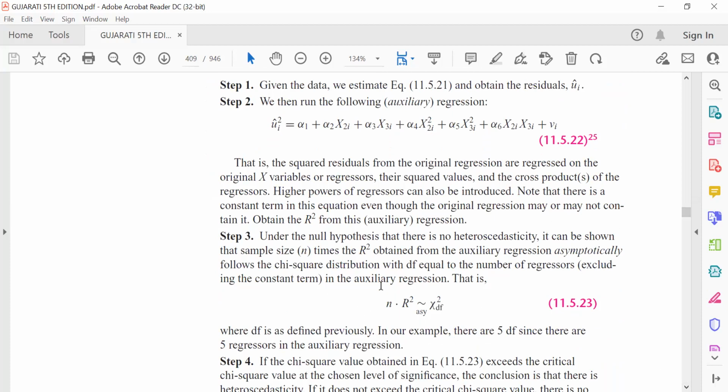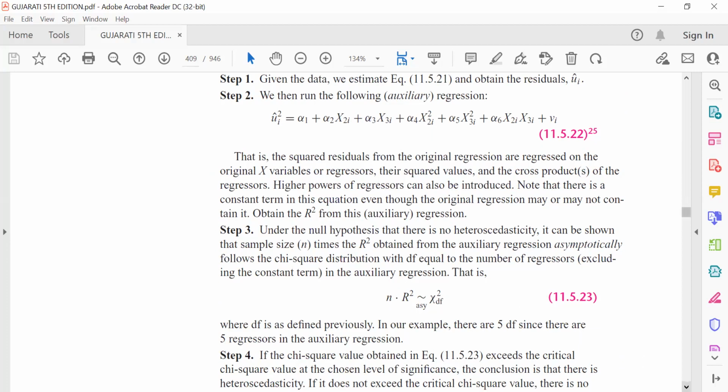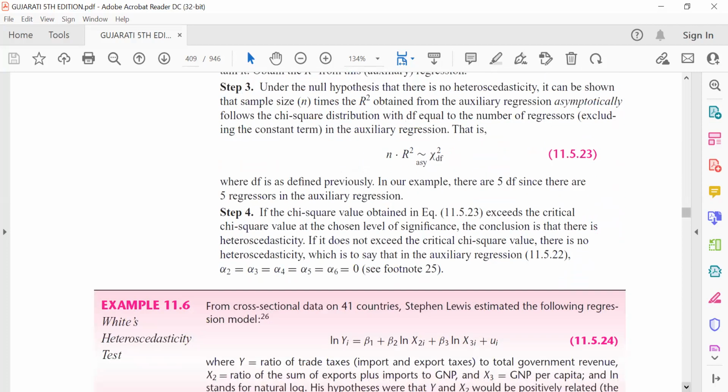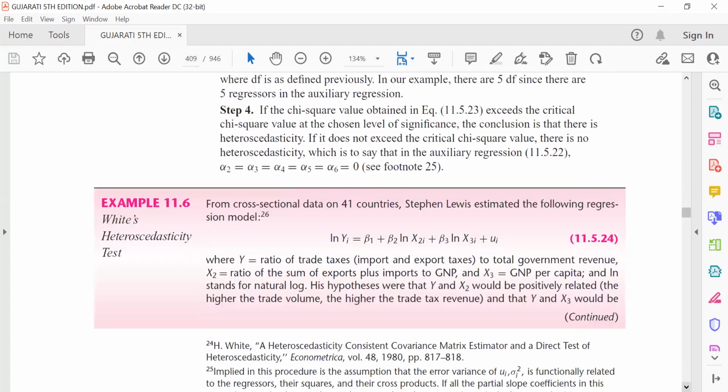The statistic also has a chi-square distribution. Okay, if the null hypothesis is rejected, this means we have the problem of heteroskedasticity.